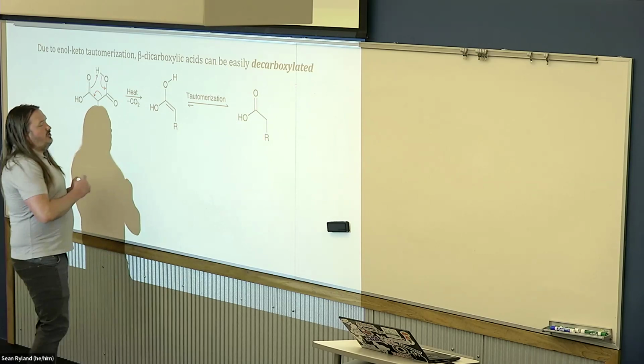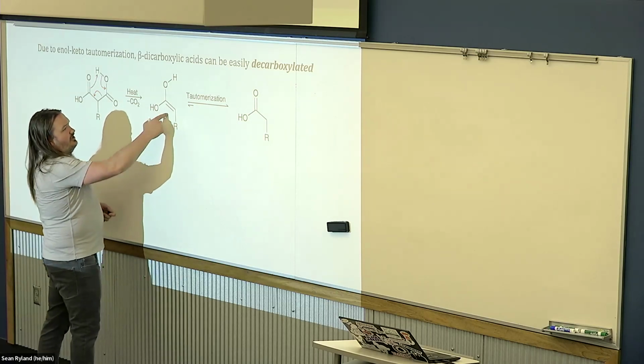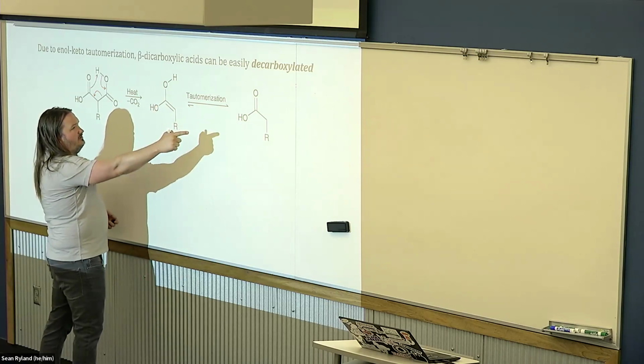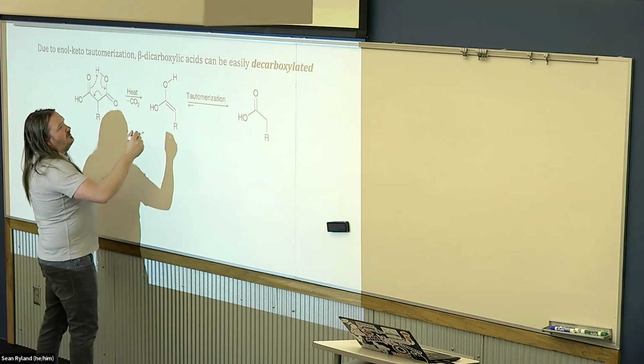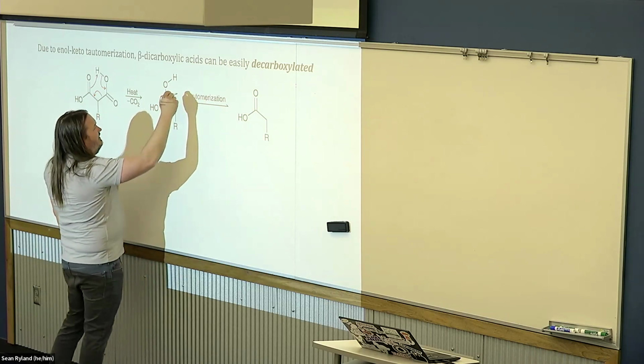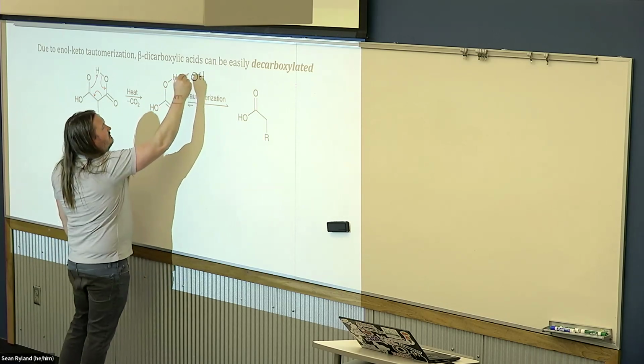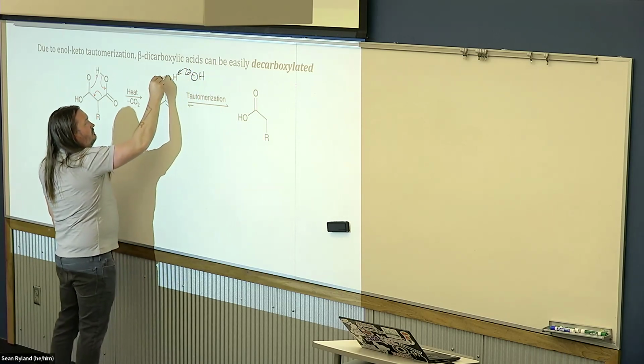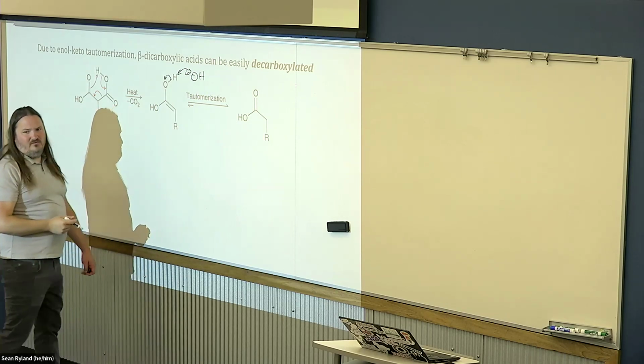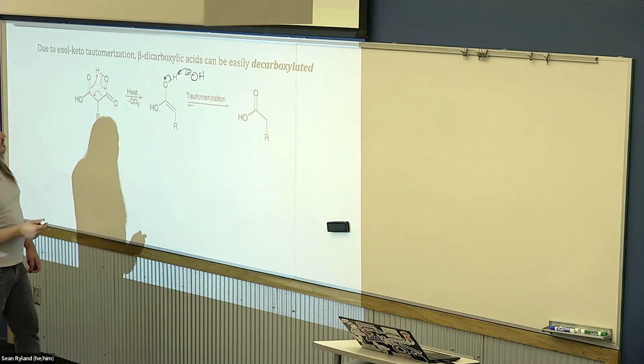And we can show the tautomerization here to go from the enol to the carbonyl. If it's acid catalyzed or base catalyzed, you're just going to do the same enol formation we've seen before.